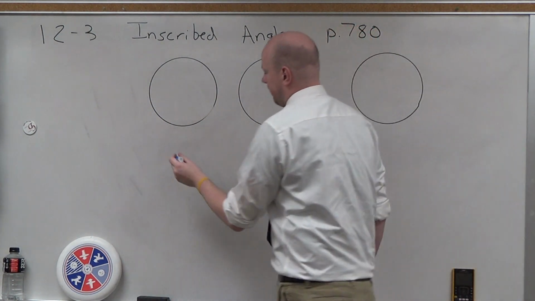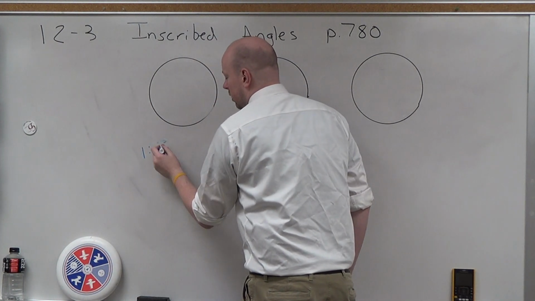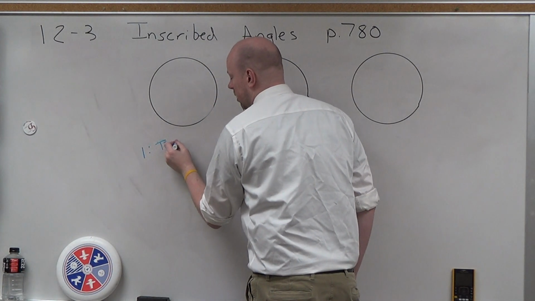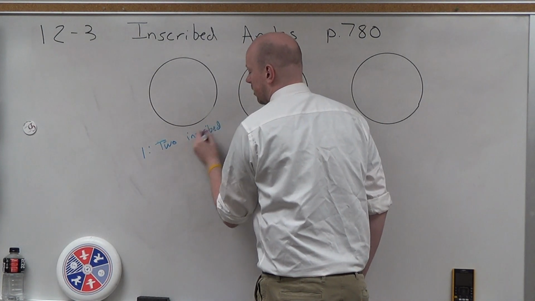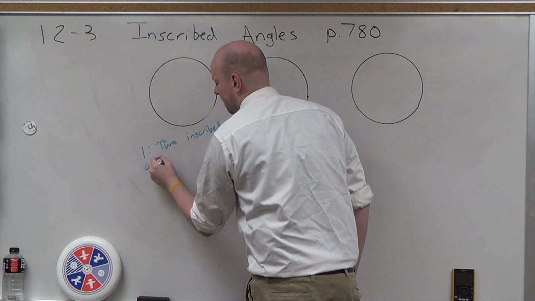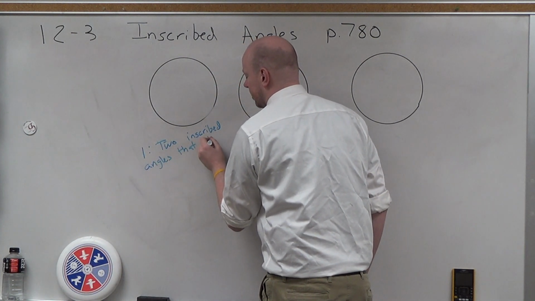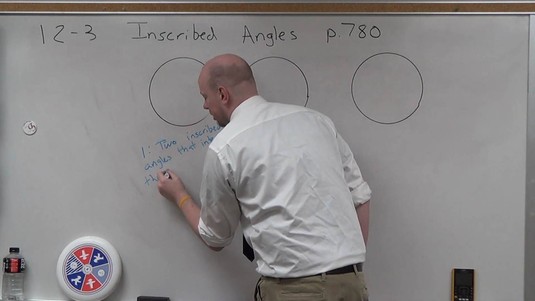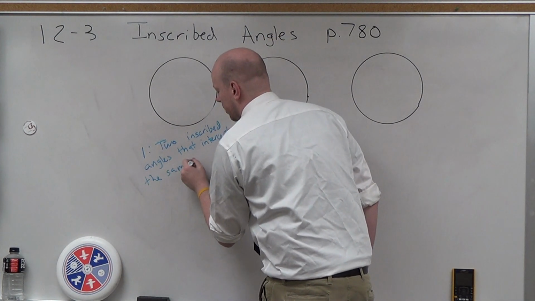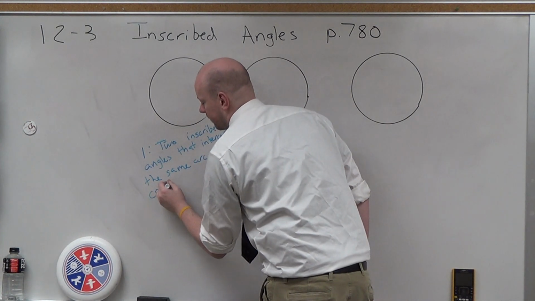Corollary 1. Two inscribed angles that intercept the same arc are congruent.